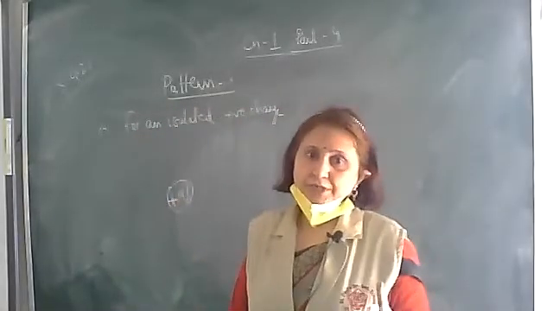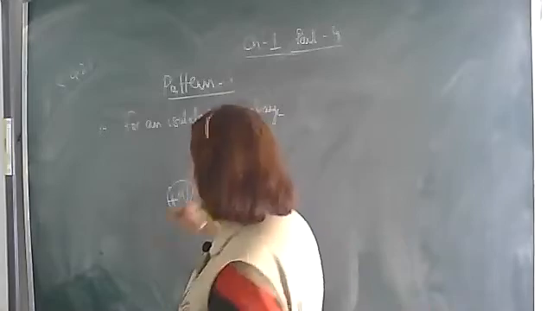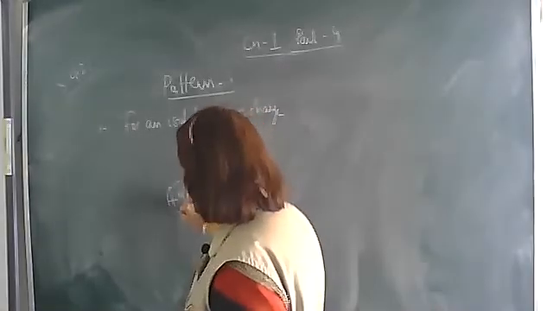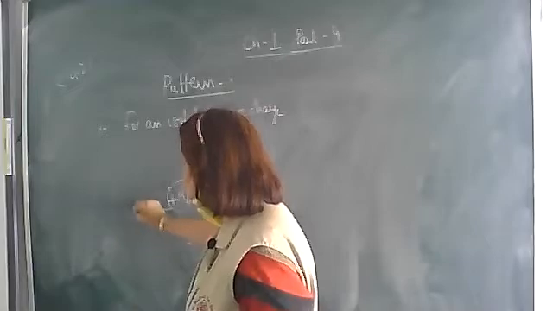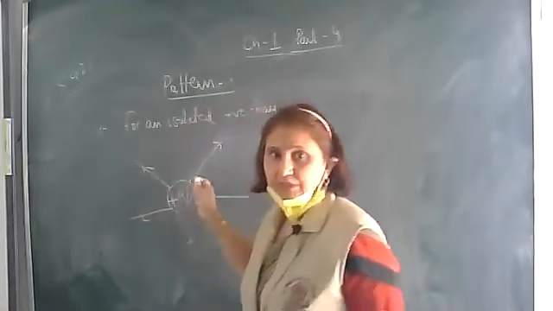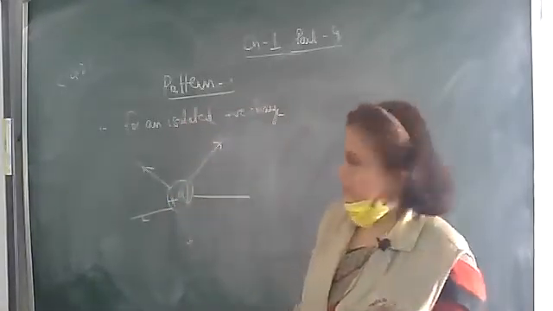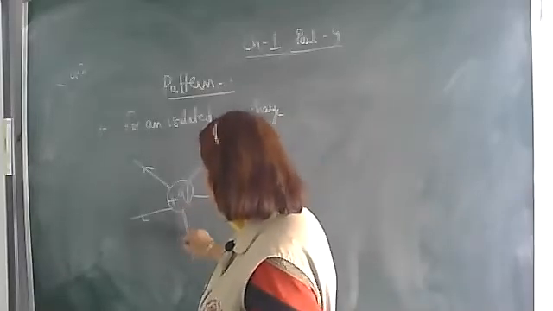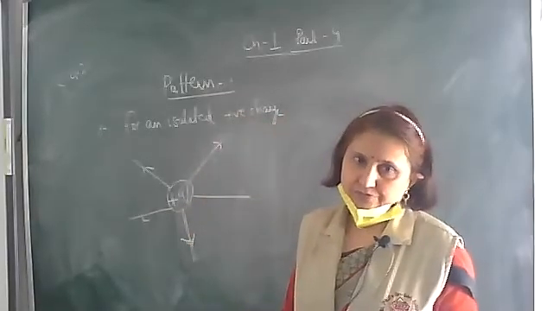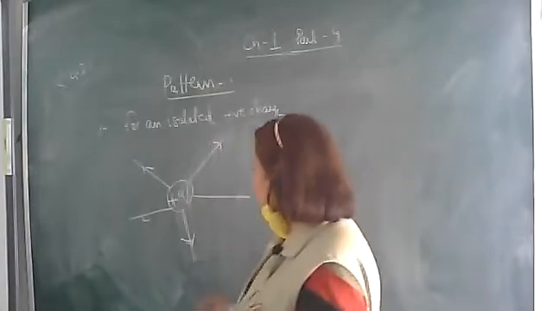Using all those properties, keeping in mind they will start from the positive charge and end at infinity. How will they be? They will be normal to the surface of the conductor. So these are the electric lines of forces for an isolated positive charge. If you see, how is it looking?